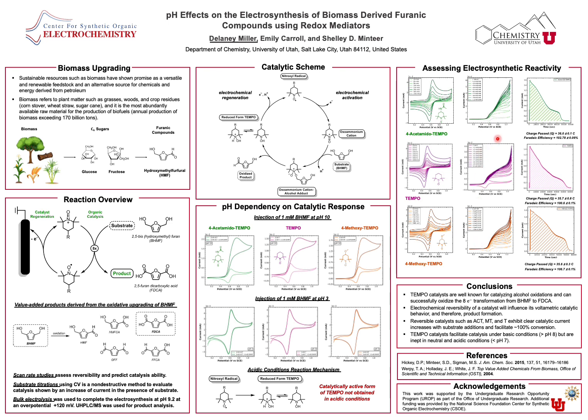Our bulk electrolysis also indicates that this electrosynthesis was able to be completed at 100% conversion, as we can see with our Faradaic efficiency on each one of these TEMPO molecules, as well as with our mass spectrometry results. Overall, we were able to complete this 8-electron transformation from BHMF to FDCA using our methods, and our methods of screening were very helpful in determining this.